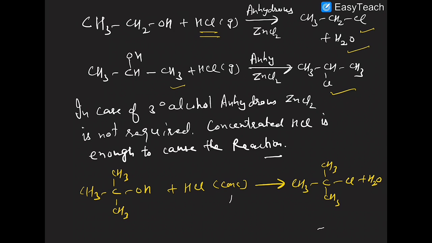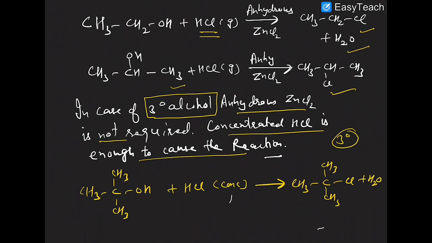In case of tertiary alcohol, that is a very interesting point. In case of tertiary alcohols, anhydrous ZnCl2 is not a necessary requirement. You may use that, but it is not necessary. Concentrated HCl is enough to cause the reaction. Why? The reason being that the tertiary carbocation is highly stable due to hyperconjugation and due to inductive effect.